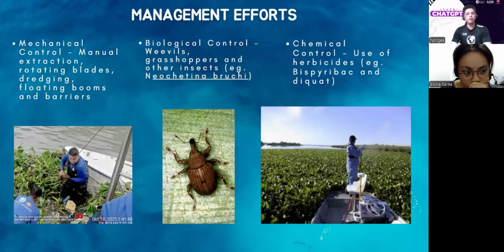For biological control, two types of weevils have been deployed, and grasshoppers and other insects like Neochetina bruchi were successfully infesting and eating water hyacinth. And for chemical control, herbicides, for example Imazapyr and Diquat, are being used to control this invasive species.